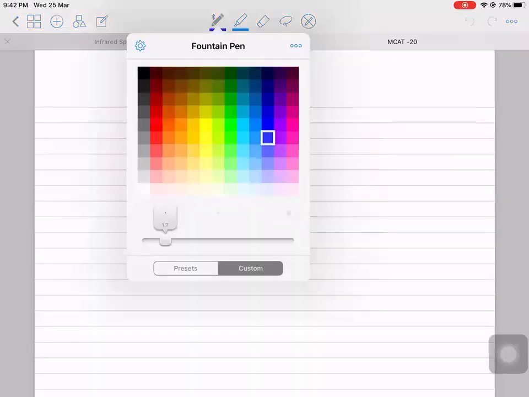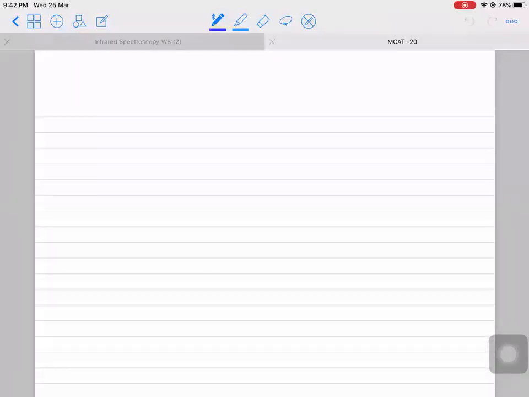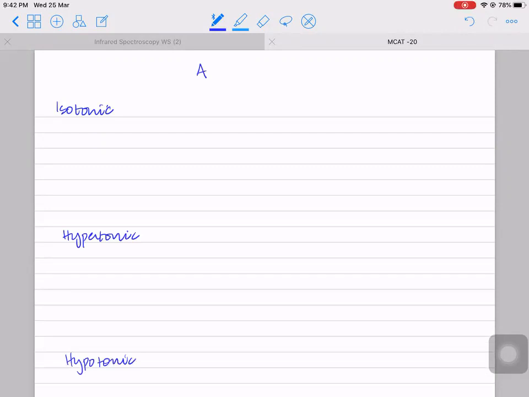Now, based on osmosis, you all know this as well. We have three types of solutions. You can have an isotonic, a hypertonic, or a hypotonic solution, right? Let's see those. You already know this, I'm sure. Let's take A, and we're comparing every other solution to this A, right?